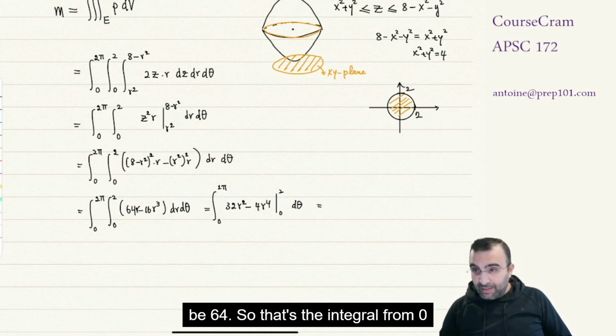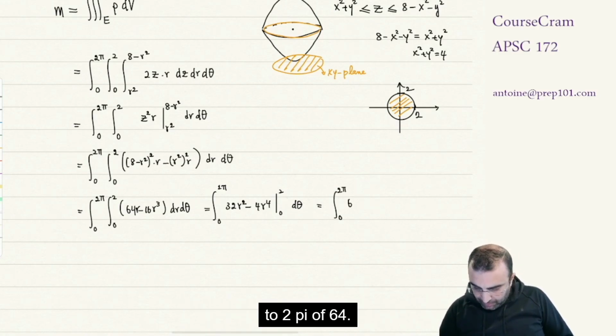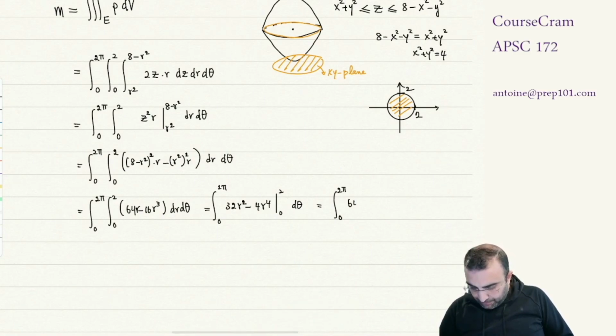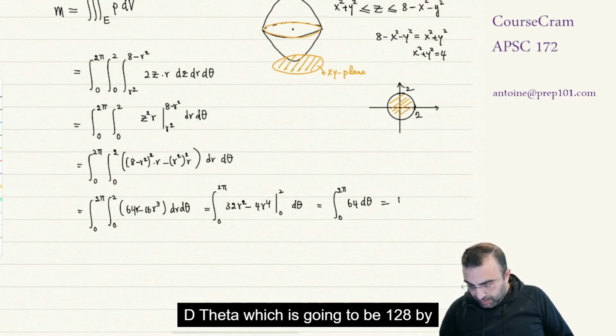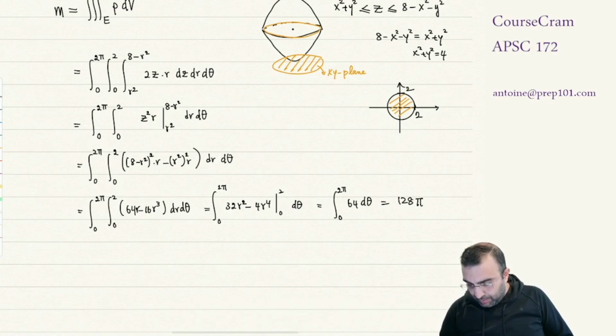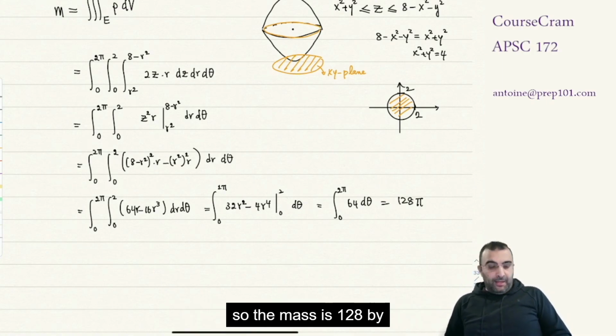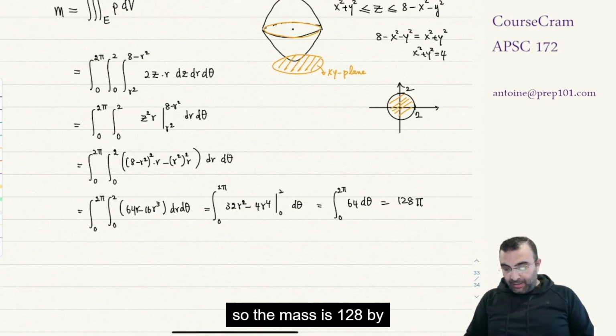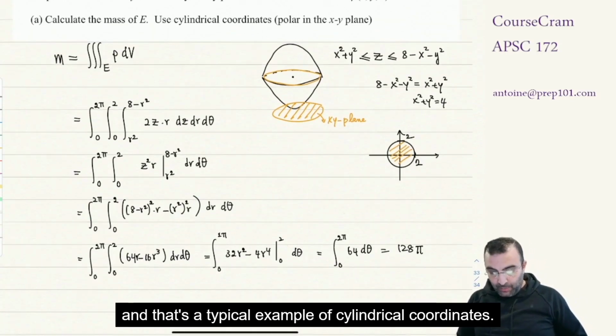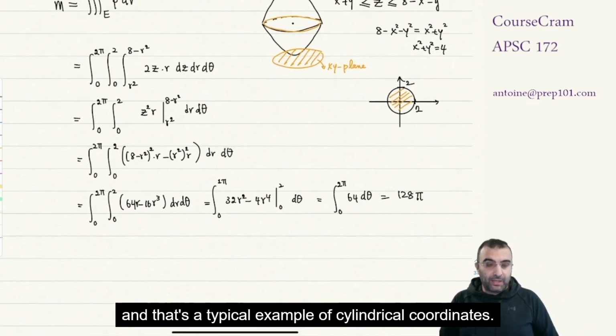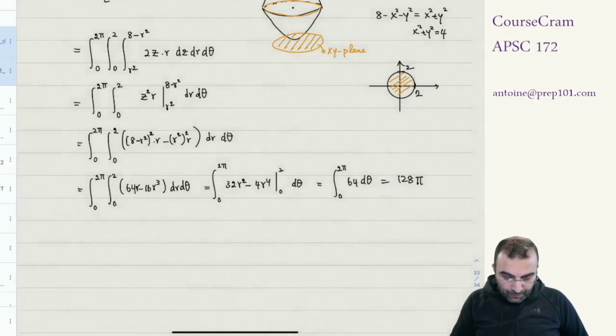That would be 64. So that's the integral from 0 to 2 pi of 64 d theta, which is going to be 128 pi. So the mass is 128 pi, and that's a typical example of cylindrical coordinates.